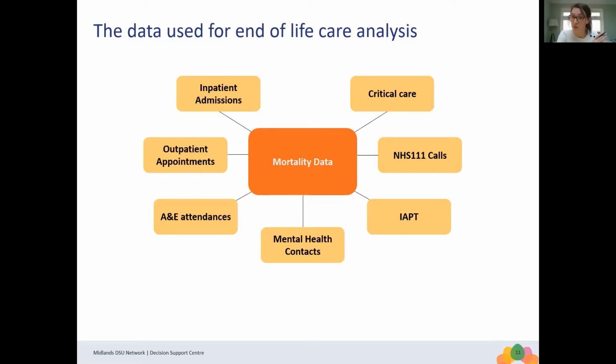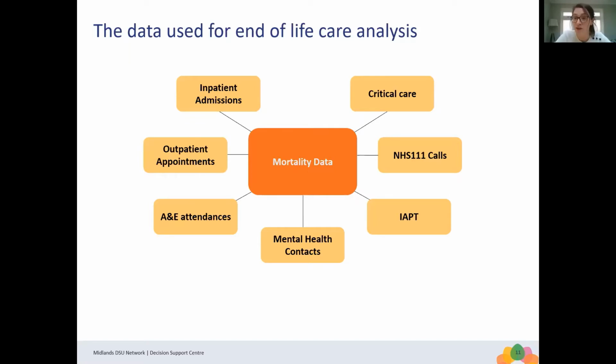But the other potential source could have been HES, but we've actually decided to use the NCDR data warehouse for this project. And the data that we've used is the mortality data, so that's a record of everybody that's died when their death is registered, data is collected. And then we've got the activity around the mortality records.